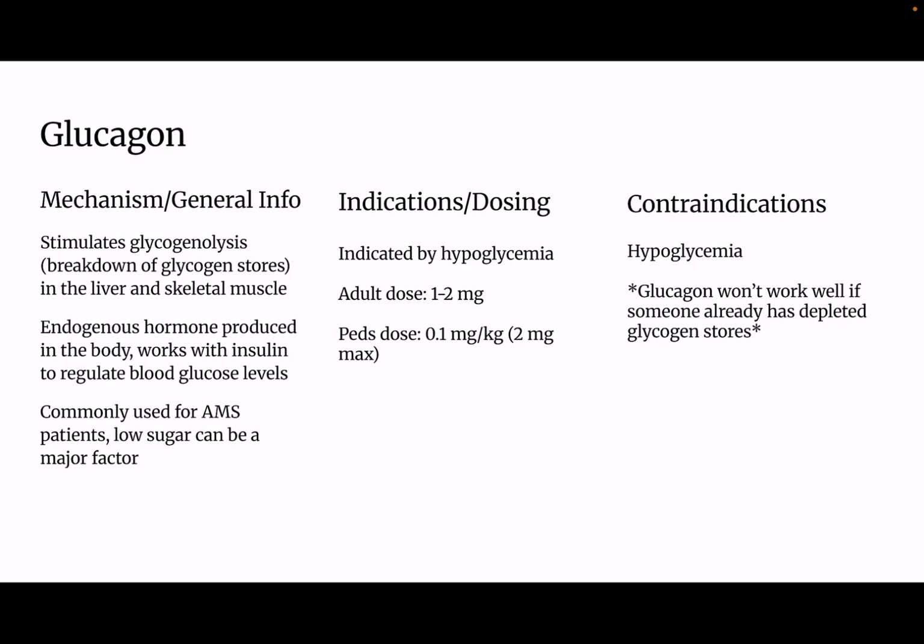So it's always good to have something like dextrose on board that is actually providing sugar, because the body cannot make that on demand from scratch really. So yeah, that is glucagon.